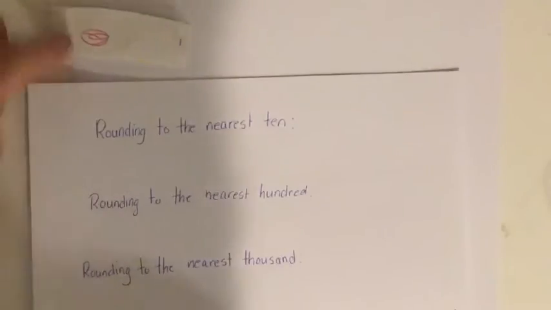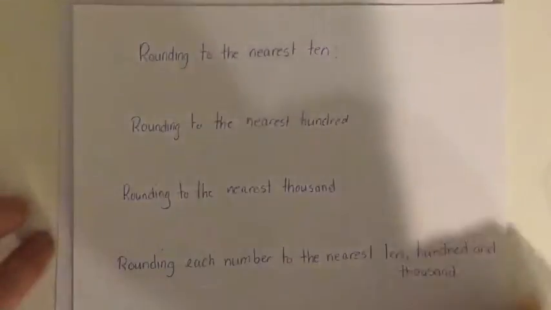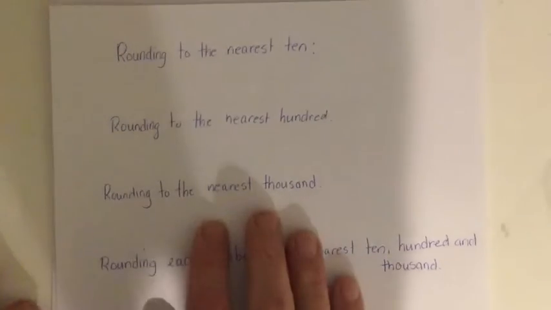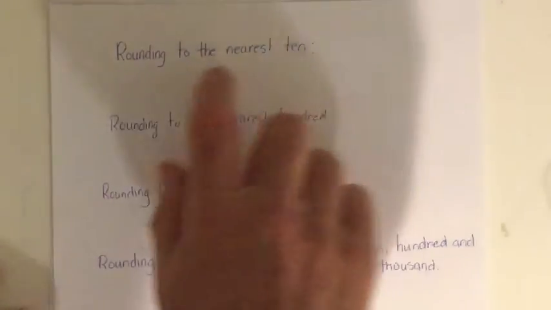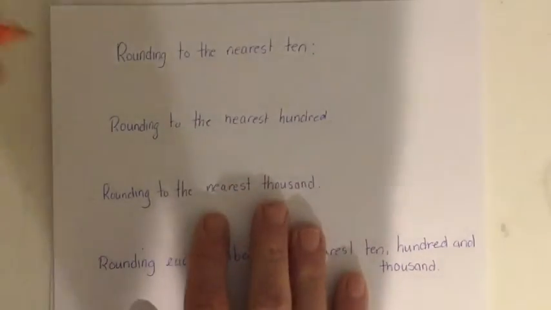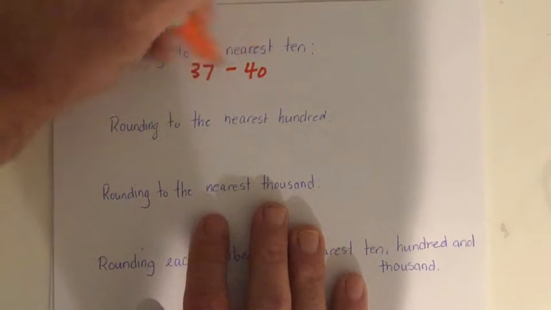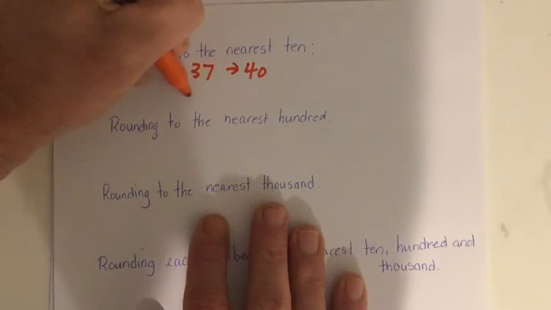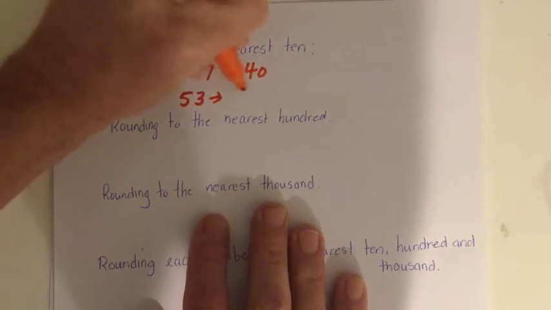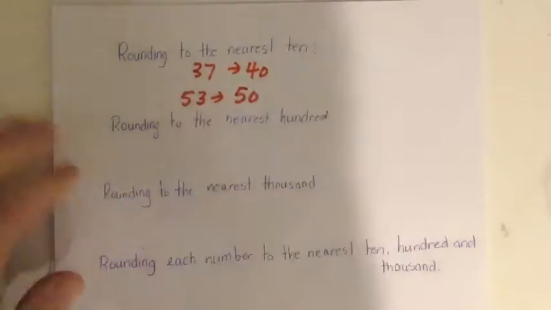Then something that we're going to need to practice a little bit more is rounding. For the most part, if I ask students to round two-digit numbers to the nearest 10, say 37 is 40, 53 rounds down to 50, they're going to ace that.